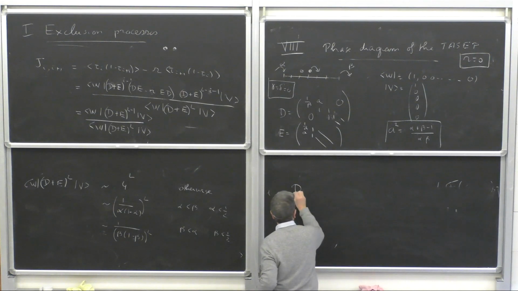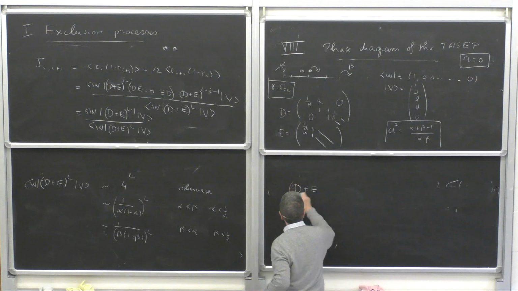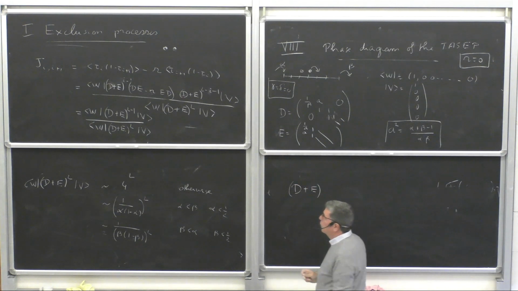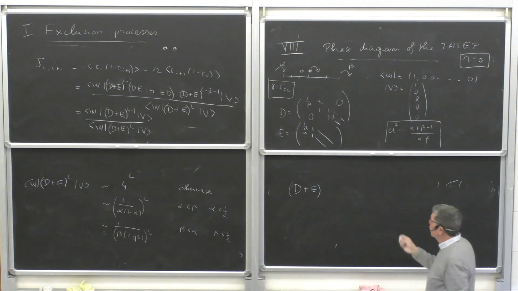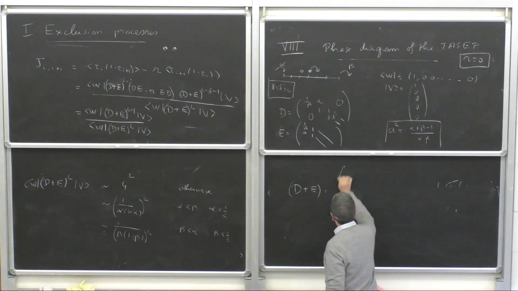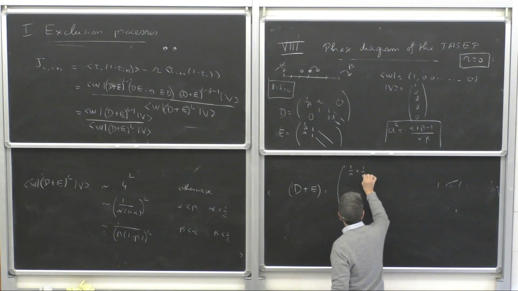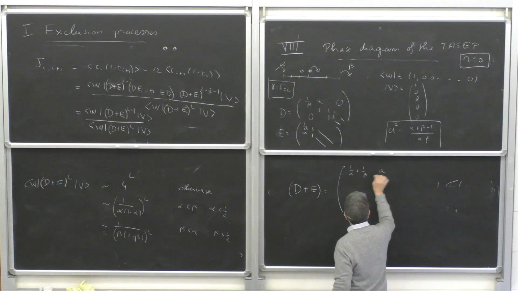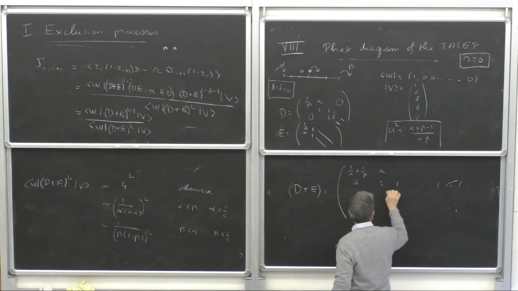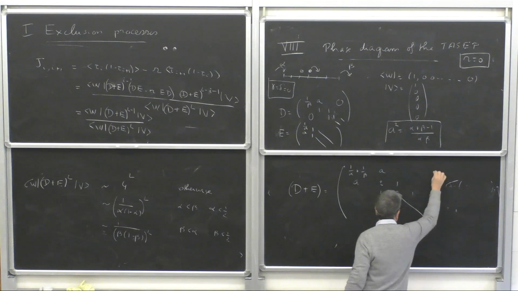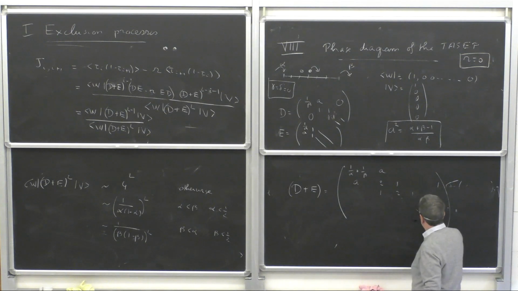If I am interested in the current, I am interested just in this matrix here. This matrix is a tridiagonal matrix, 1 plus alpha, 1 plus beta, and then 2, 1, 1, 2, 1, and so on.